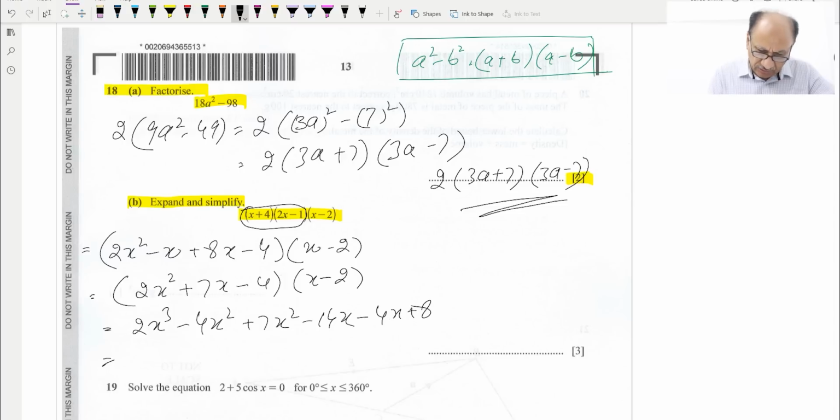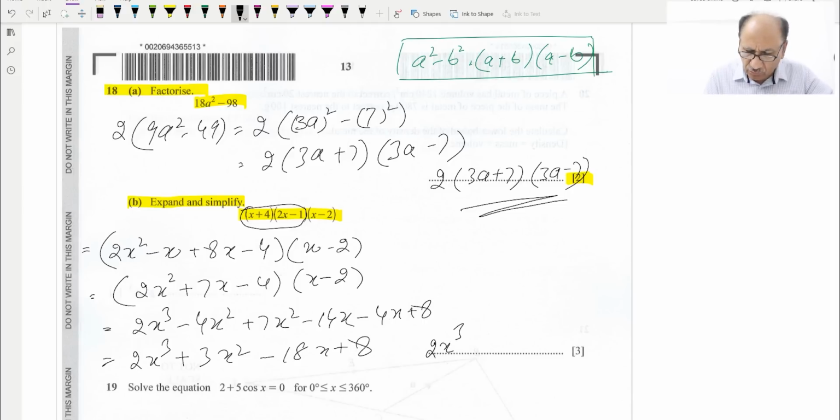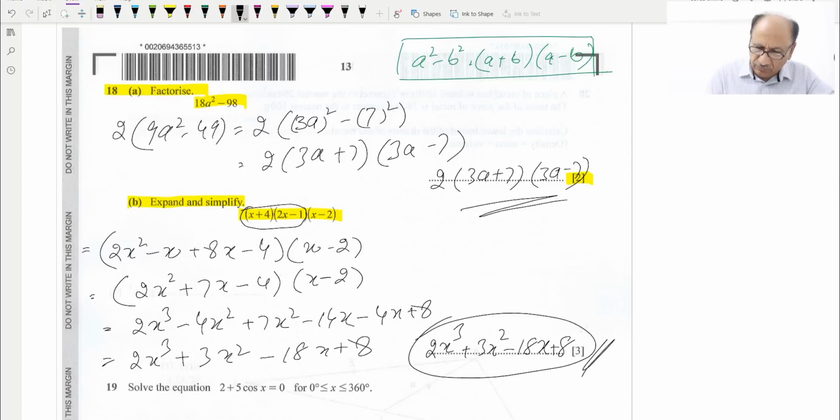Further we just add the like terms, so 2x cube plus 3x square minus 18x plus 8. This will be our final answer, and this is a 3 marks question.